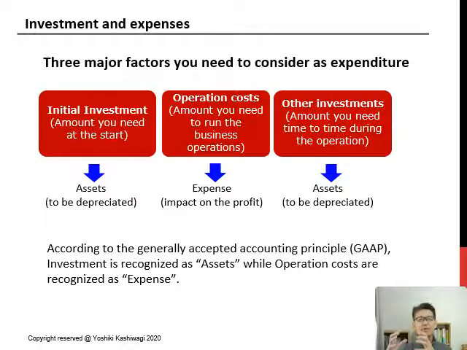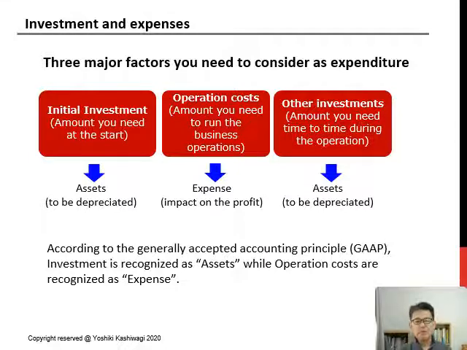So the value of your asset will be higher by investing additionally. So that will also be an asset. So again, the main difference between investment and expense is that investment will go to the asset, and the cost or expense will be the expense on your profit and loss statement.